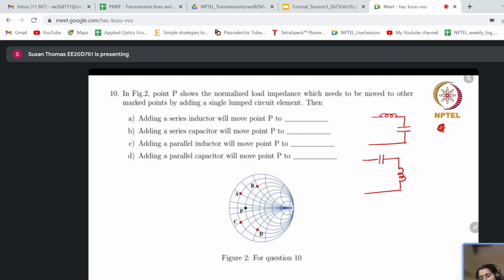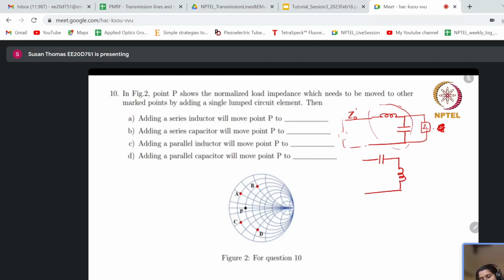So this would be connected to the load and this will be the transmission line, and here you will have the input. So this Z0 has to be matched to ZL with the help of this LC network.